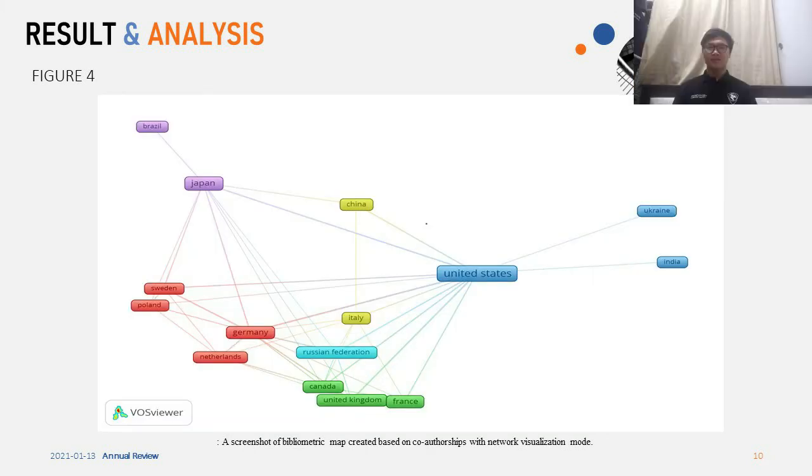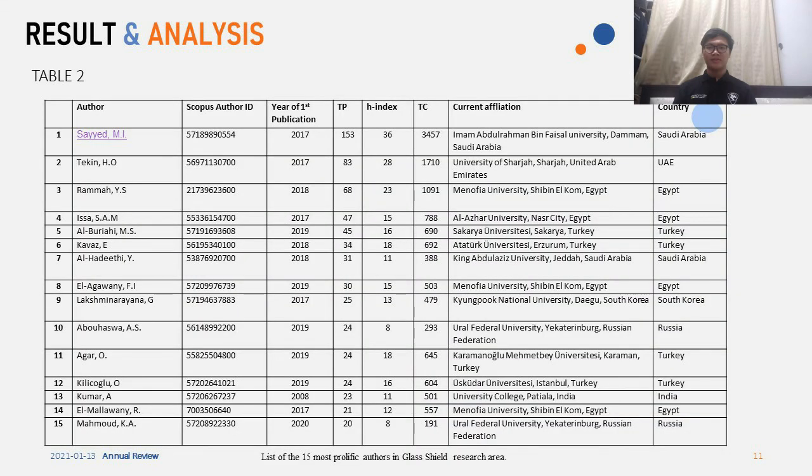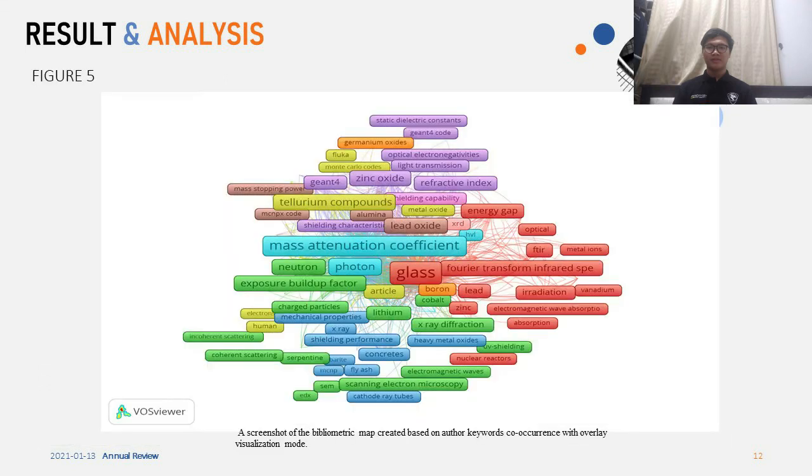Next is Figure 4. Figure 4 shows a screenshot of bibliometric map based on co-authorship and affiliated countries with the network visualization mode. Okay, now we go to Table 2. Table 2 shows the list of 15 most prolific authors in glass radiation shield research area.